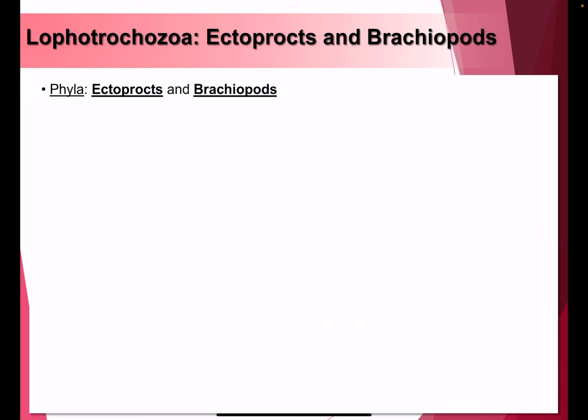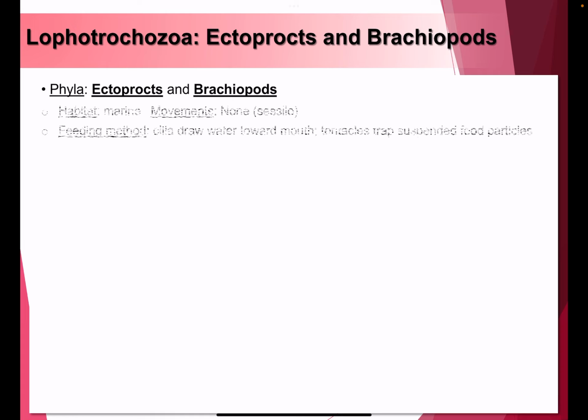All right, then moving on to the other two phyla of the Lophotrochozoa group, which is the ectoprocs and the brachiopods. So for these two phyla, they have habitats that are again marine, but compared to the other things we've talked about, they are sessile, which means they don't move. Okay, for both ectoprocs and brachiopods.